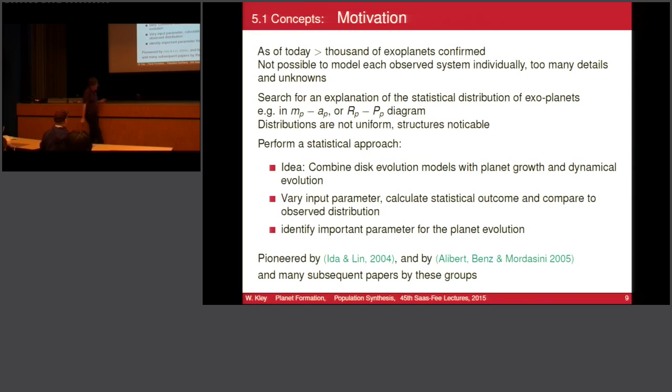And then you identify, this is very important, the crucial parameters that determine this type of distribution. The outcome is more sensitive to some parameters than to others, and it would be the goal to find those parameters on which the outcome depends very sensitively.